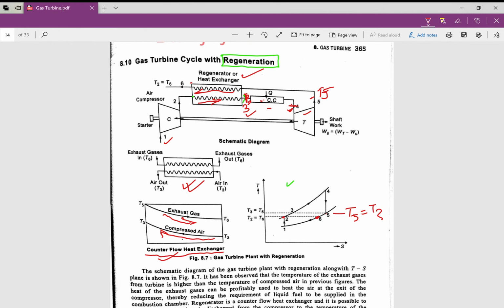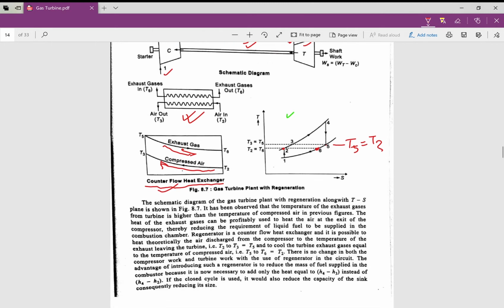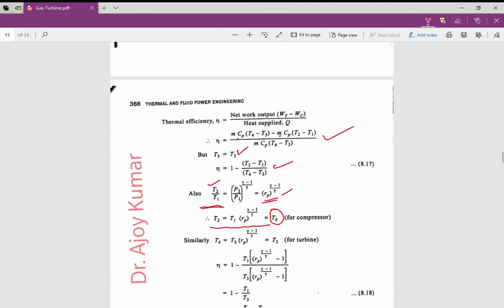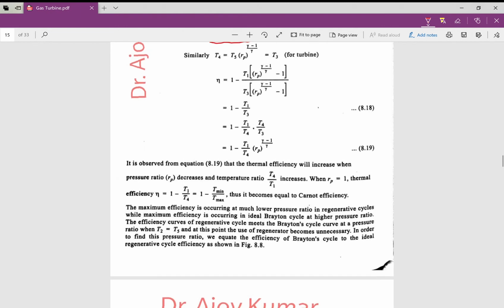Here it is your T2 after compression, and the exhaust air coming out from the heat exchanger at point 6. So if T2 and T6 are equal, we can say this regenerator is 100% efficient. So henceforth this T2 is equal to T4.